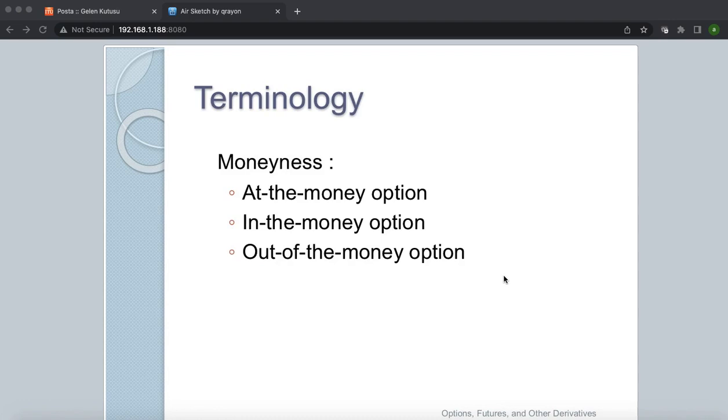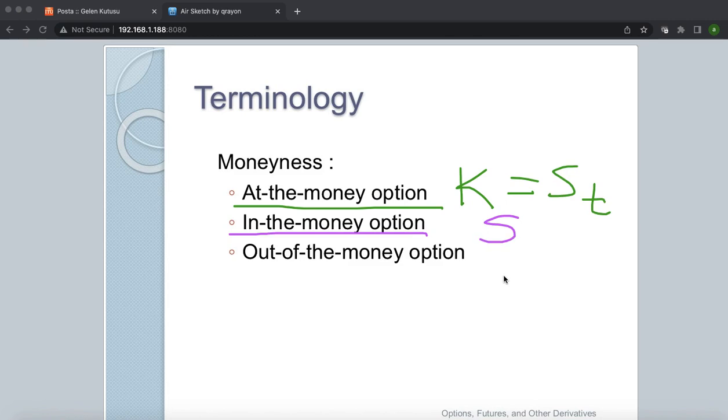The terminology is used to describe whether the stock price, or the underlying asset price, is above the strike level or below the strike level. If the stock price is trading at exactly the strike price, then this is called an at the money option. So in that case, the strike price K is equal to or very close to the current stock price ST. If we have an in the money option, then for a call option, ST is greater than the strike price.